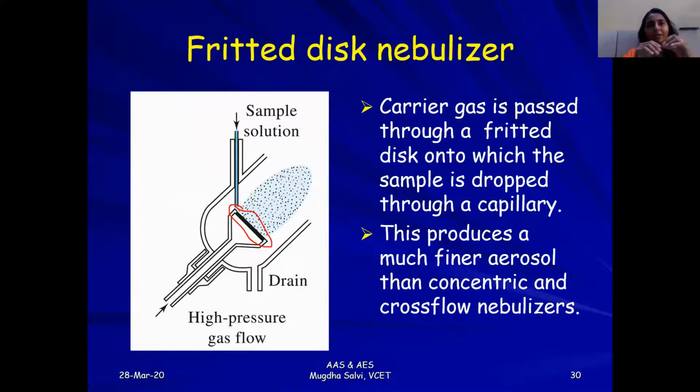Due to the vibrations, the water will try to split into small particles. The same thing happens here. The carrier gas is passed through the fritted disc and there are droplets here. Because of that, the sample gets split into small and tiny particles.